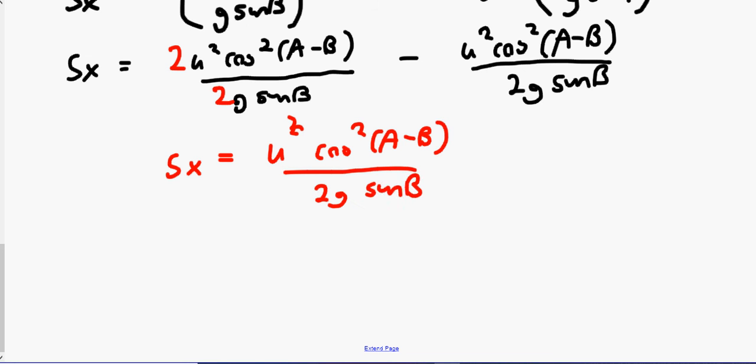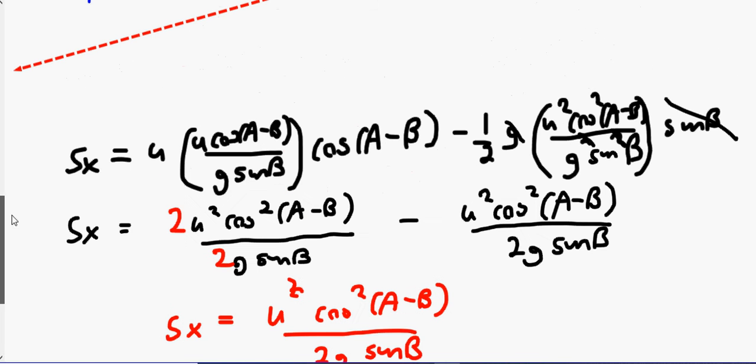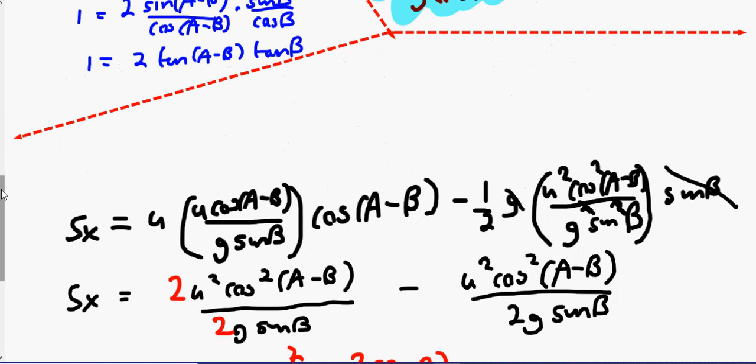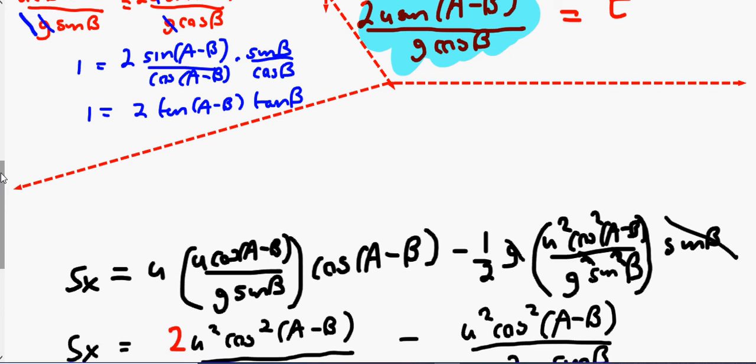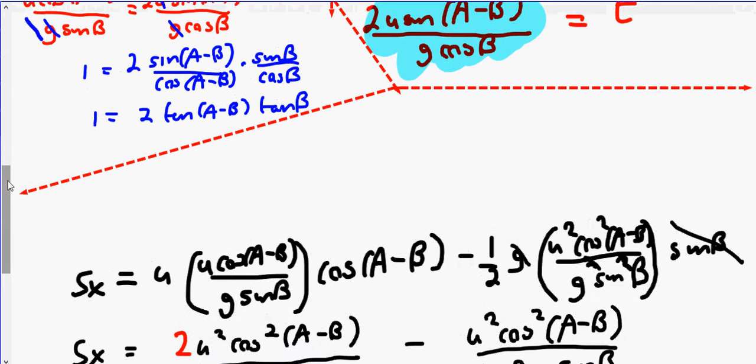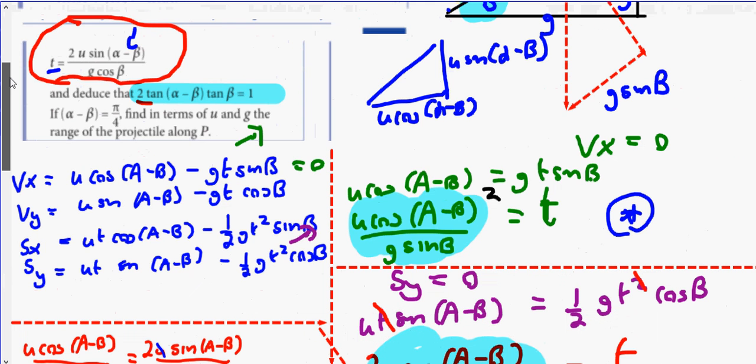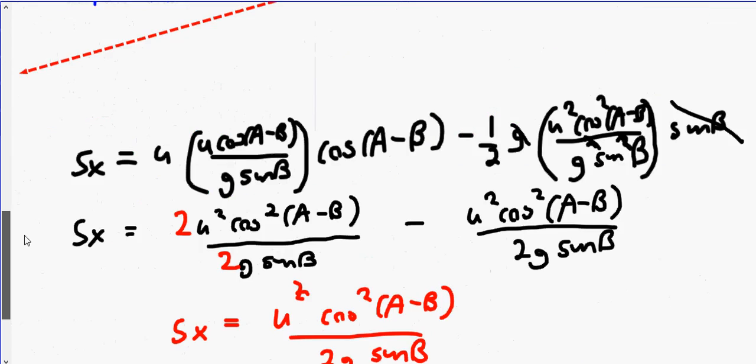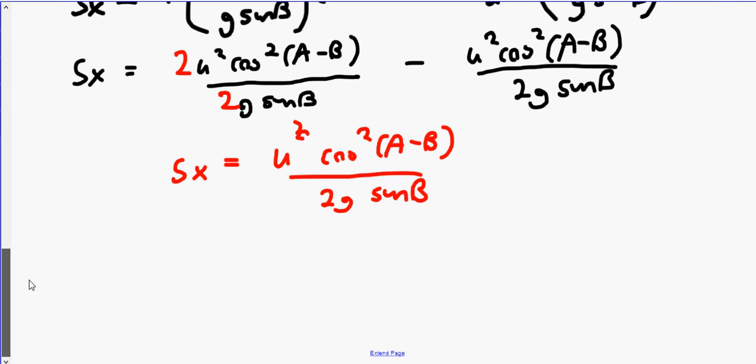Right. Now it gives me a vital piece of information though. What's the piece of information it gives me? The question: a minus b equals pi over 4. Now, it says find in terms of u and g. What's the issue here? Did I get rid of beta? Did I specifically get rid of g sin beta? So I'm going to test out something in a second. Don't worry, I have my eyes on it. Okay.